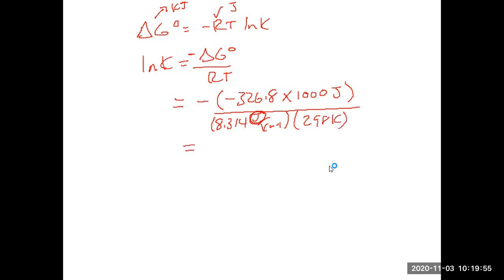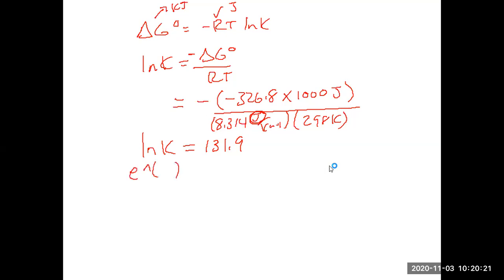If we do all that, we get the natural log of K is equal to about 131.9. To get rid of our natural log, we need to take e to the power of both sides.